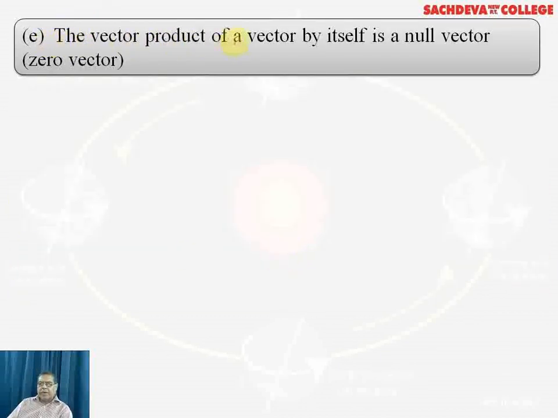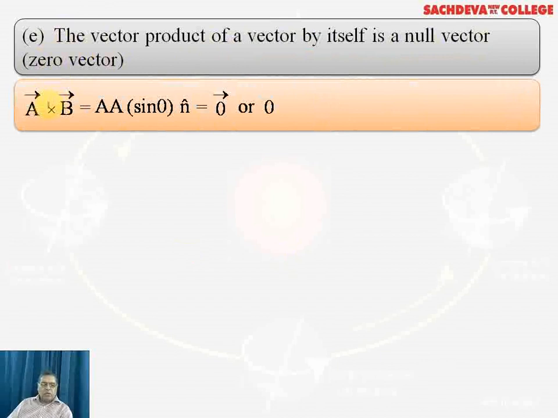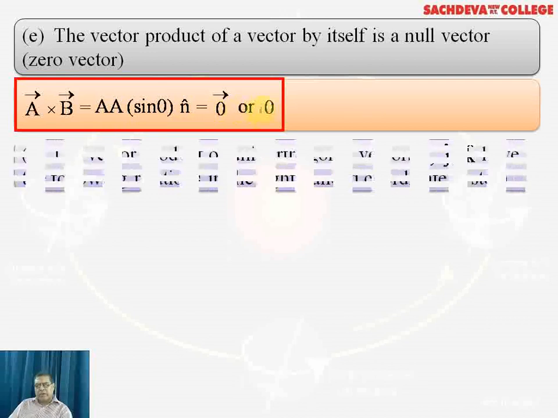The vector product of a vector by itself is a null vector, that is, the 0 vector. So we are multiplying vector A with vector A. The lines will be parallel, the angle will be 0, so sine 0 into the unit vector is equal to 0 because sine 0 is 0.